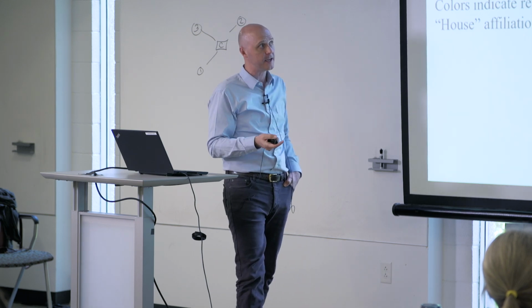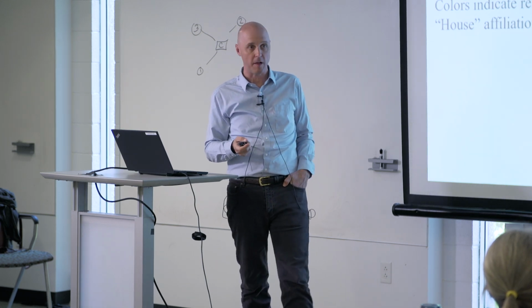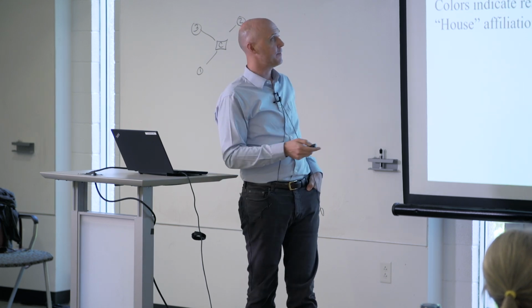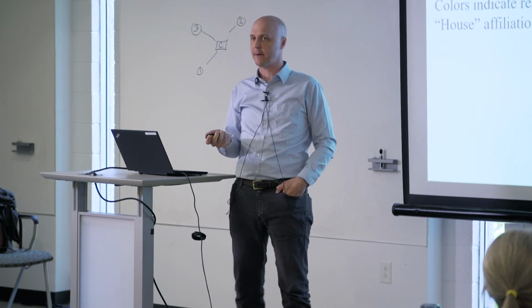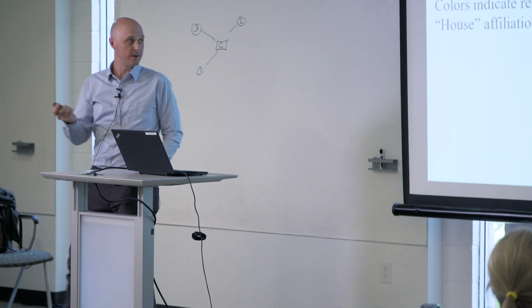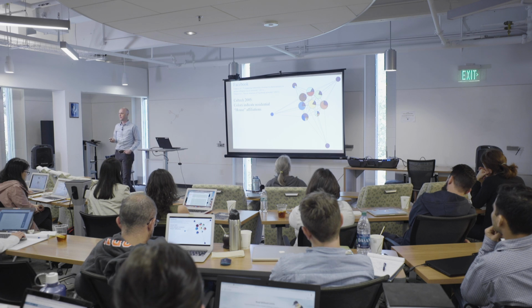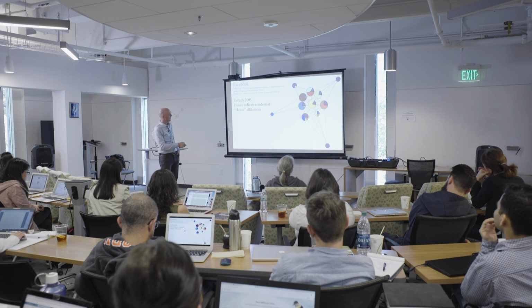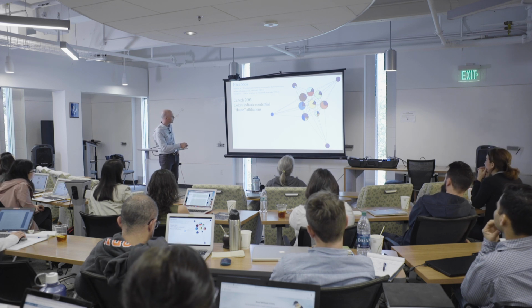And indeed, what you see here is virtually every single color is heavily dominating one of these communities, except obviously which color? What's the outlier color here? Okay, so there's a little bit of blue. Well, are those two different blues?